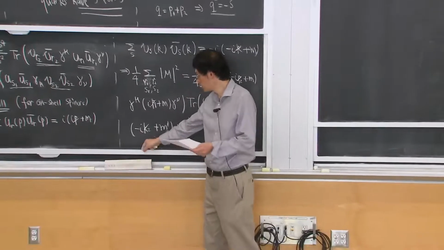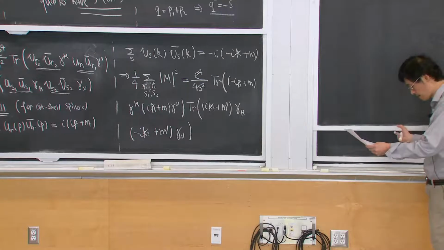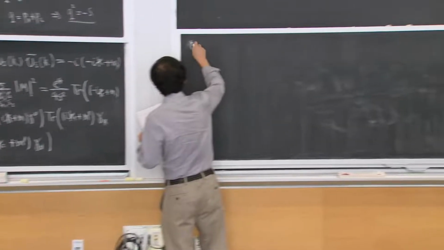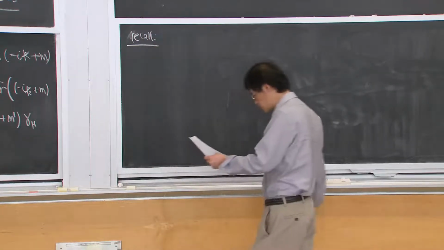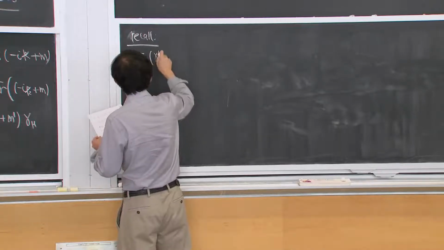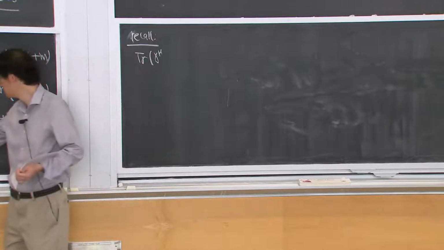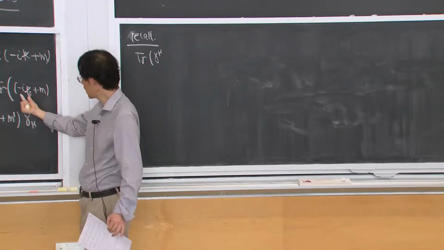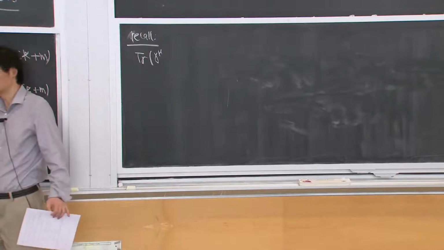Now we need to use the various formulas. I think some of them you have done in your P set. This is the place where all those exercises become useful. If you look at the structure of these terms, here there's a P slash, so there's one gamma matrix here, and there's another gamma matrix here.